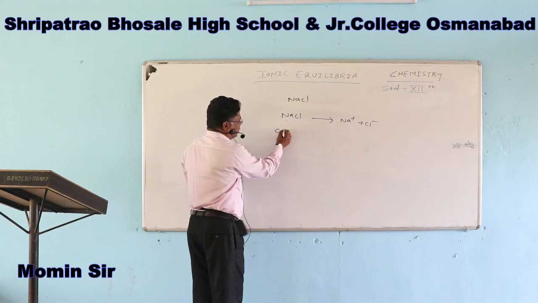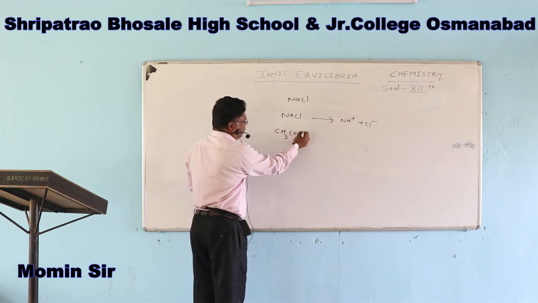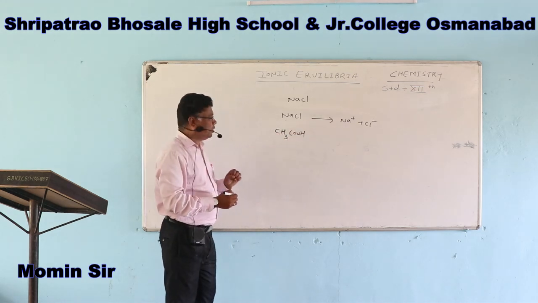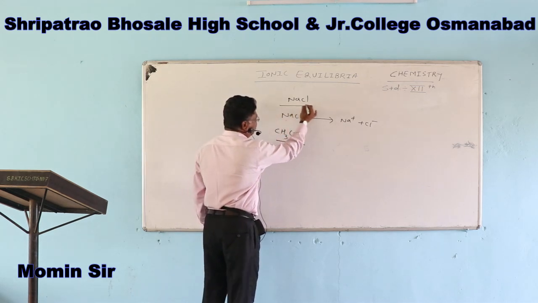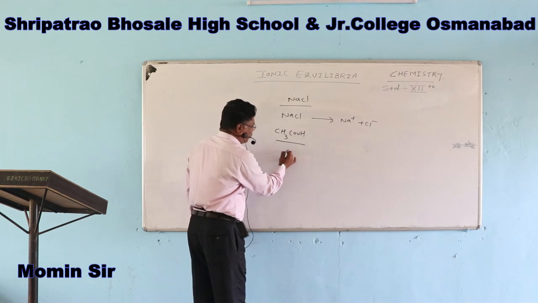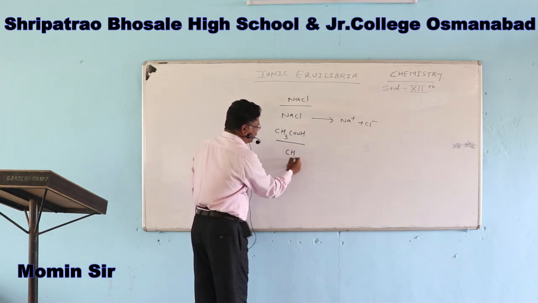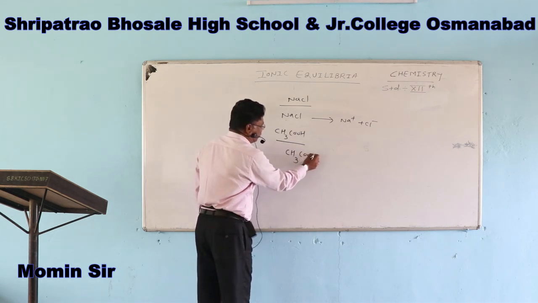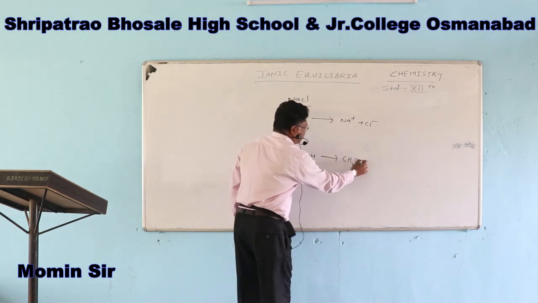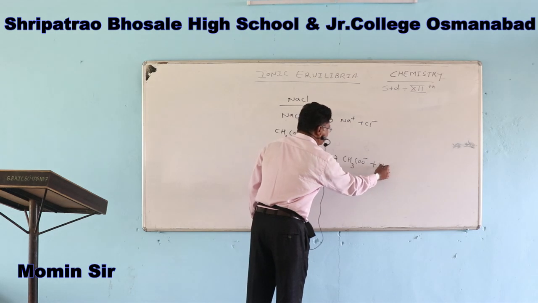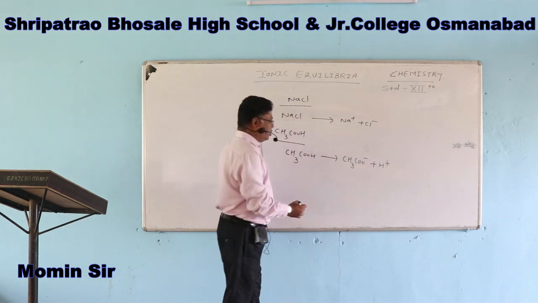And you know that CH3COOH, acetic acid, is a weak acid or weak electrolyte. So ionization of acetic acid, CH3COOH, is written as CH3COO minus plus H plus.